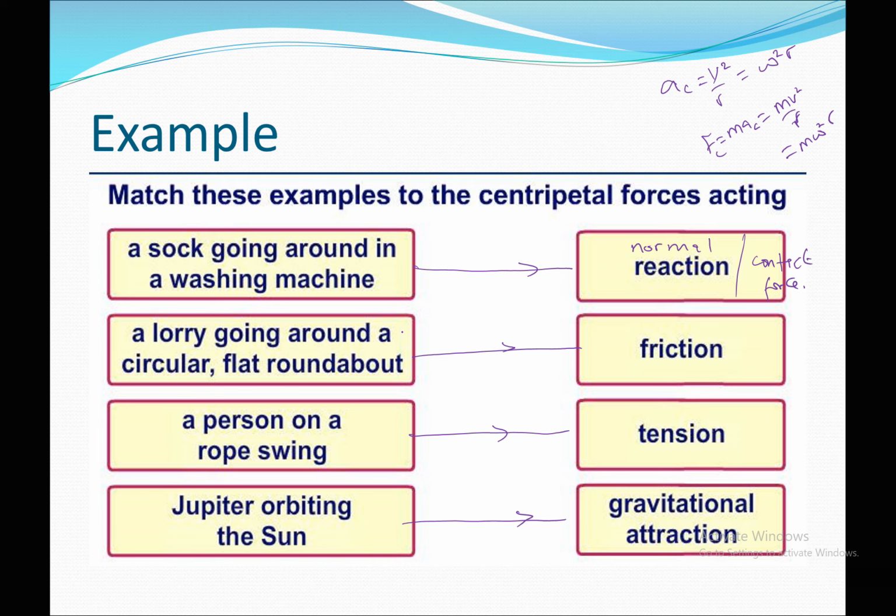Then for a lorry going around a roundabout, there is friction between the tires and the road surface. For a person on a rope swing, there is tension in the rope. For Jupiter orbiting the Sun, the gravitational pull of the Sun makes Jupiter continue moving around the Sun. Okay.